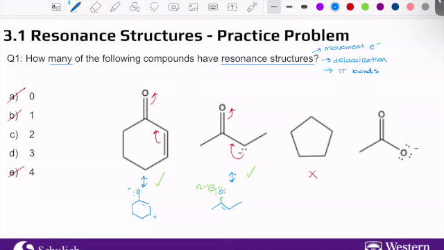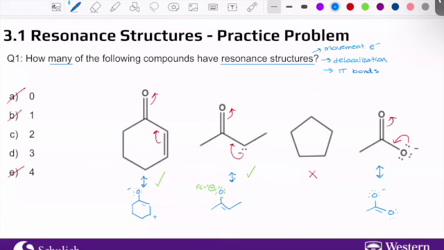And as for our last compound here, we see that we have an anionic species where we could also have delocalization of our electrons, meaning that our fourth compound does in fact have a resonance structure as follows. And again, we can then assign our formal charge if you would like for extra practice. And we can see really what resonance structure comes down to is just the delocalization of electron density.